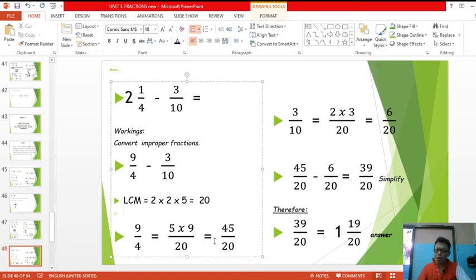So that is your equivalent fraction, 45/20. That's for this improper fraction.